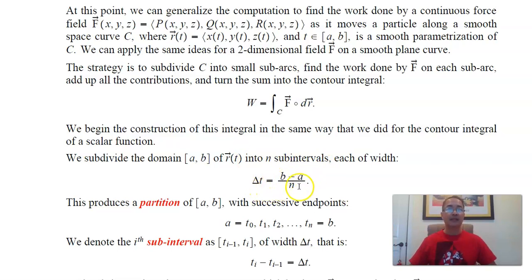You take b minus a, divide by n, you get a partition, and between any two successive points in this partition, you get the same width of delta t. So let's refresh our memory by going back to that section, because we did talk about something different last time. We talked about vector functions. So I will see you at page 213.